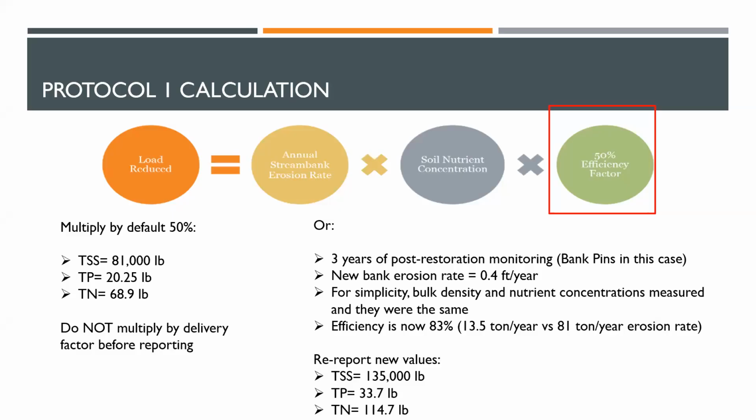You calculate that difference, and your efficiency now, instead of 50%, turns out to be 83%. So you can re-report your new values for sediment, phosphorus, and nitrogen, which you can see on the screen. If you report the implementation date with that new data, it will replace your original numbers and you'll receive that credit backdated to the date of implementation.